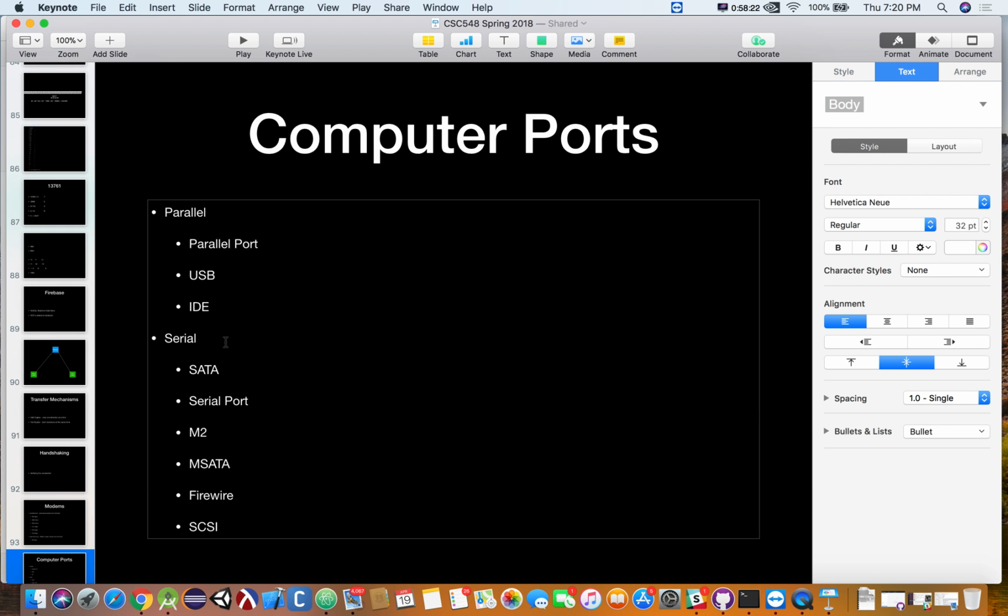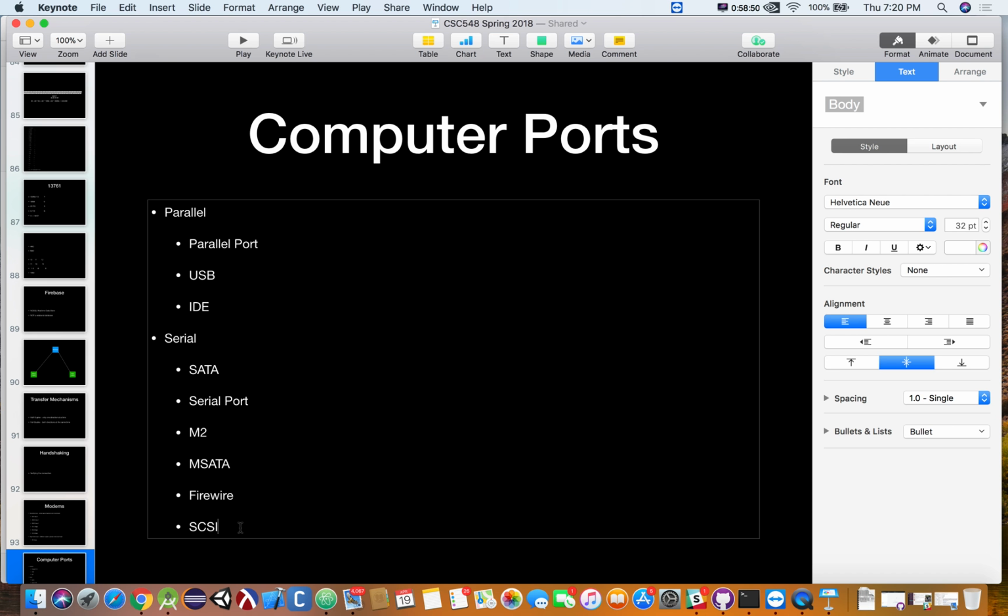Okay, so parallel ports and serial ports kind of came first. Then USB versus FireWire. And kind of at the same time, we had IDE. Actually, this is probably not fair. We never really had IDE versus SATA. You had IDE versus SCSI, and SCSI was always faster.